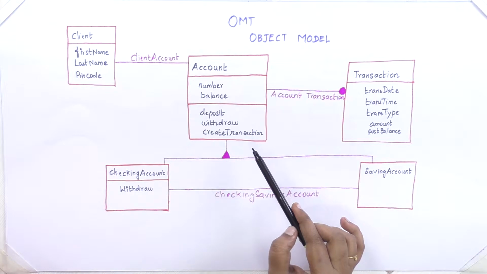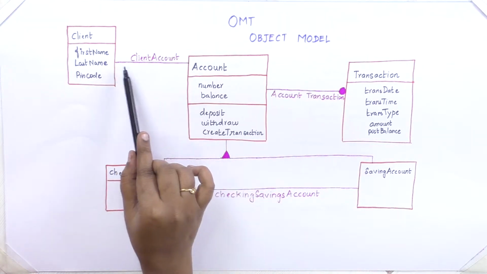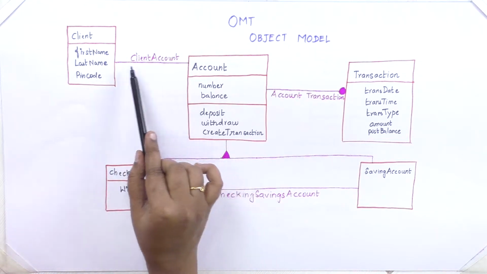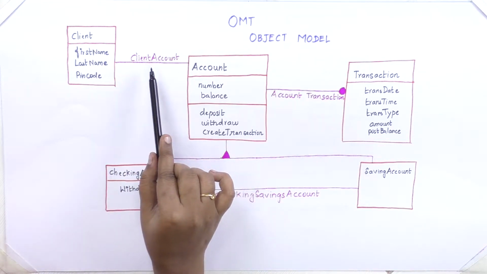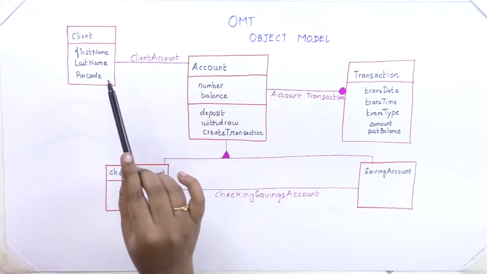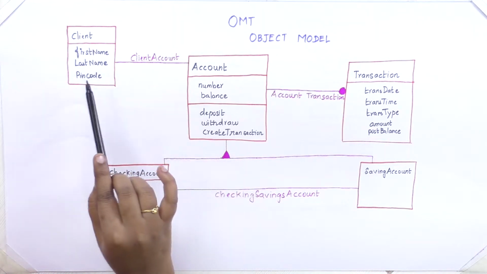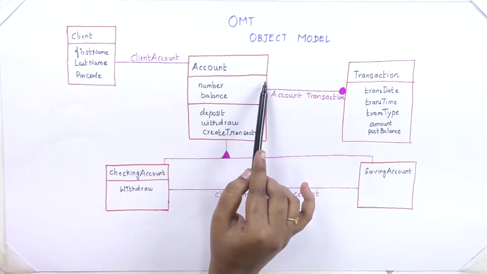The next thing is these lines. These lines represent the communication. They are called association lines. These lines represent the communication between one class and another class. Here, the first line, the client account association line, represents the communication between the client class and the account class.